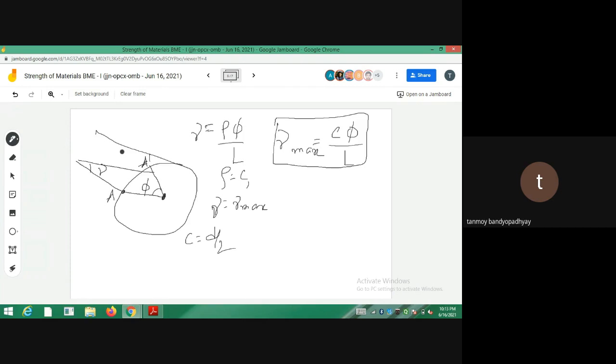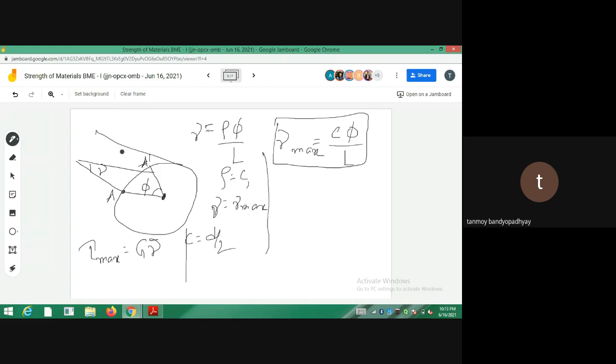Okay? So from here, if we want to calculate phi, what will be the value of phi? Wait, so gamma is what? Now as per Hooke's law, tau is equal to G into gamma.